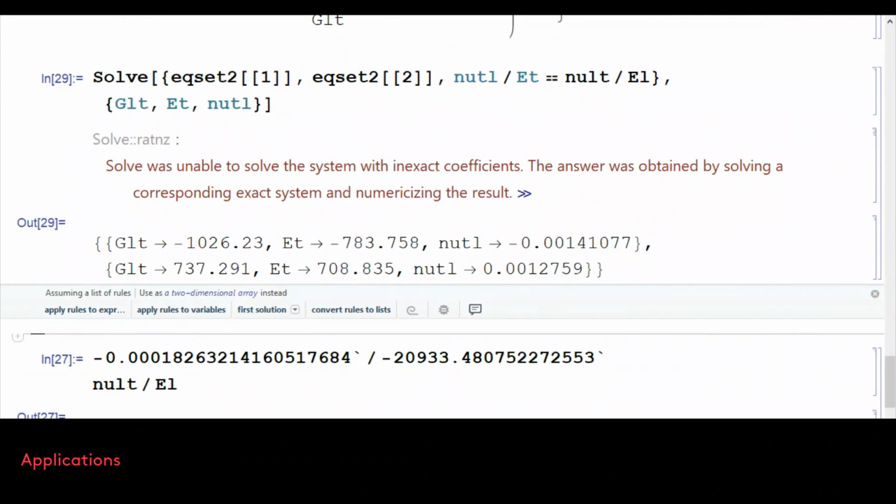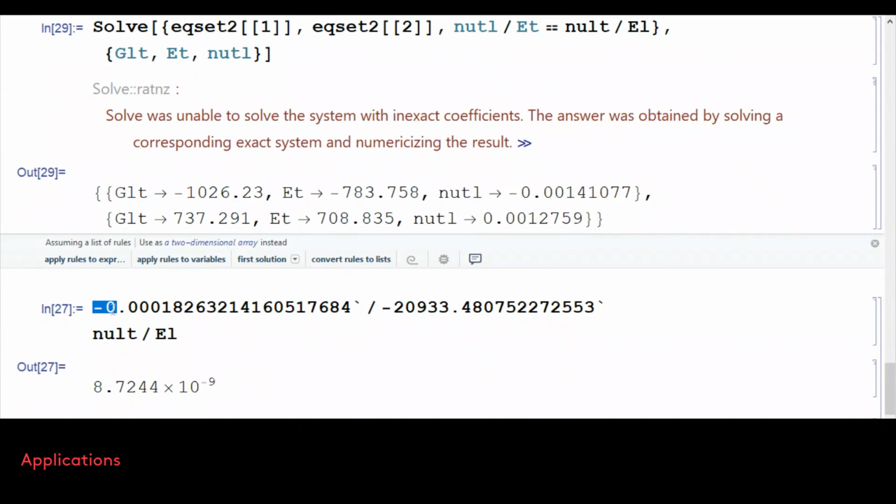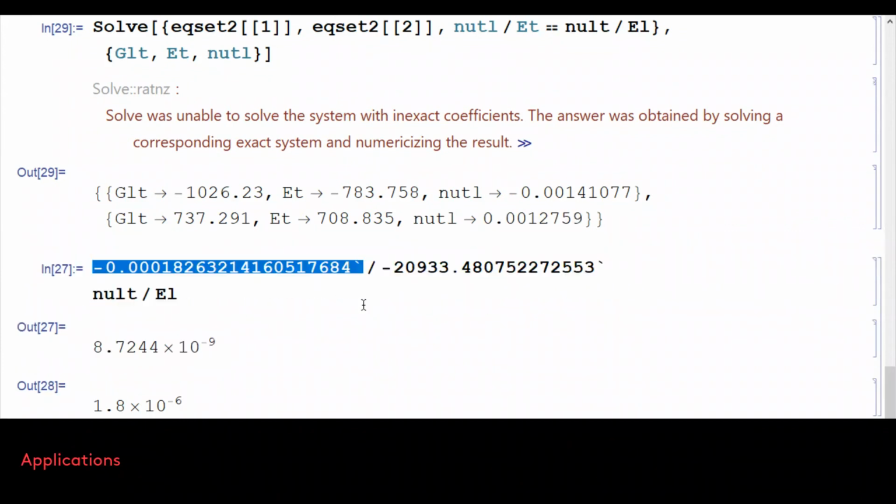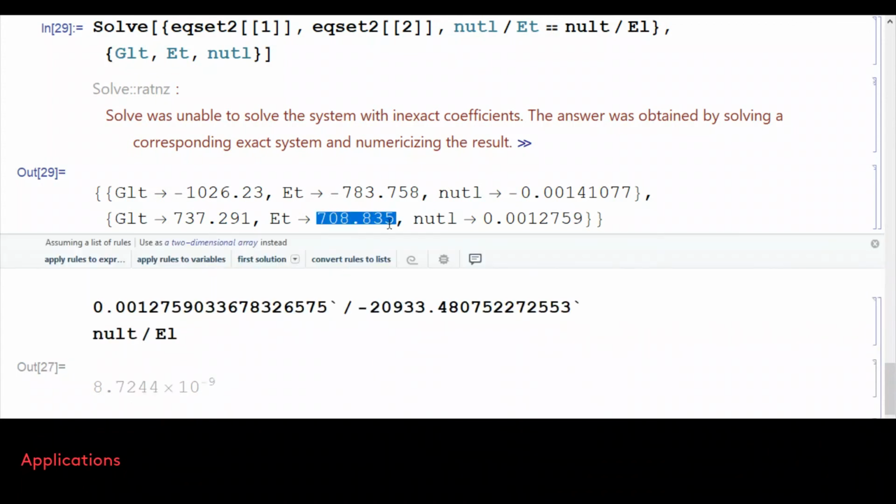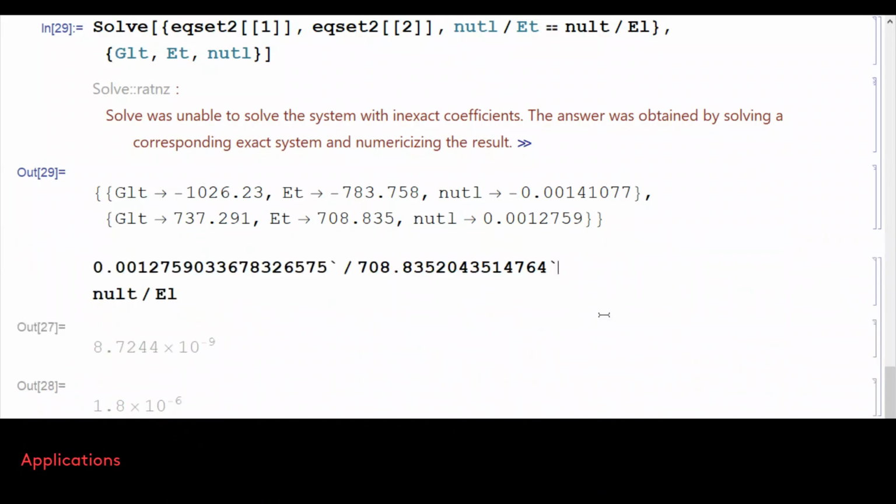now I have two sets of equations, and in fact I know that the shear modulus cannot be negative, therefore I will choose this set of equations as the answer. Let's check whether it satisfies the condition. Yes.